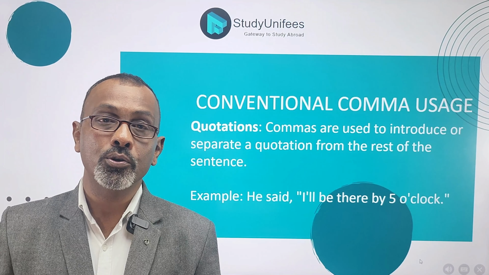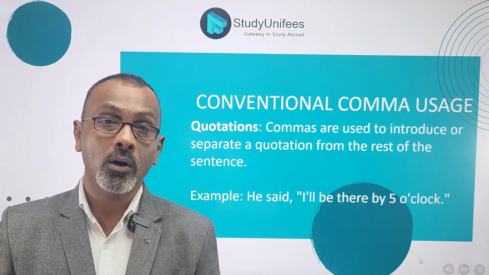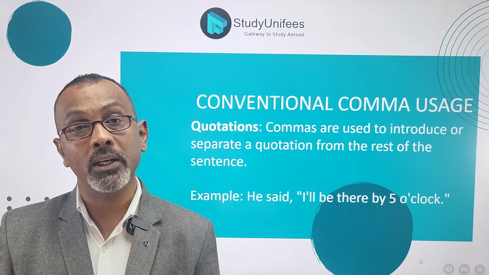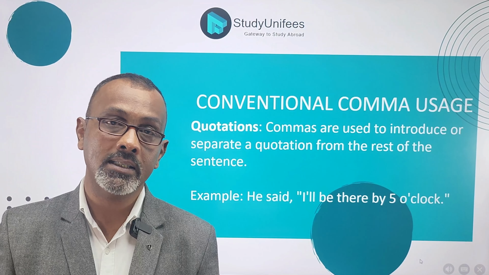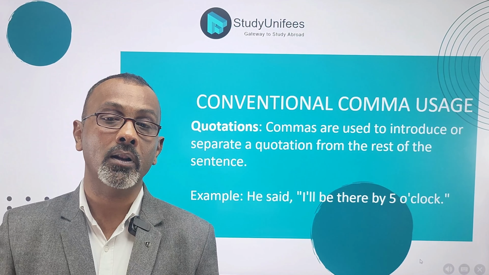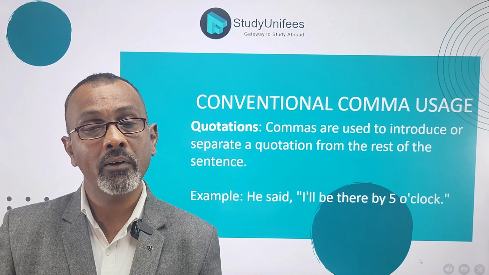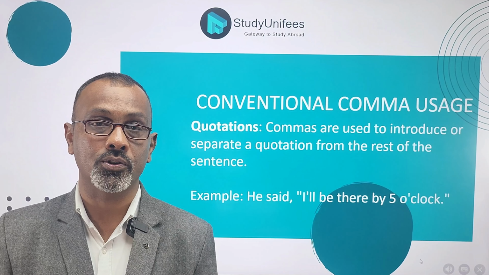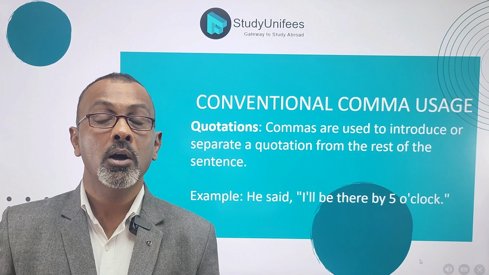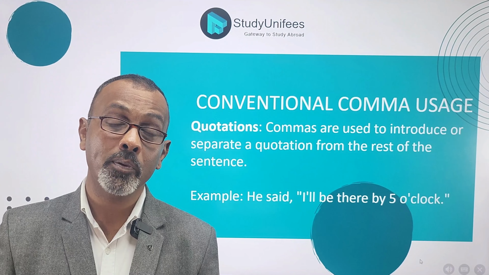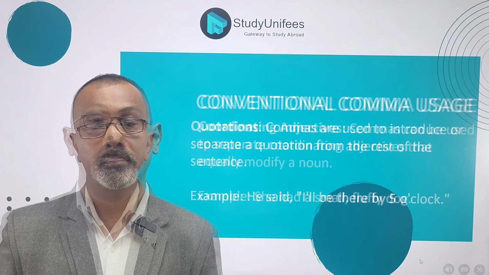Commas are also used in quotation. A quotation is when you replicate word by word what somebody has said. Look at the example. He said, quotation marks open, I'll be there by 5 o'clock, quotation marks closed. Whenever you quote, make sure you have a comma just before the first quotation mark.